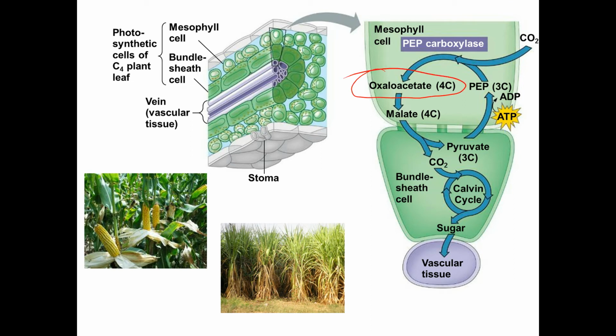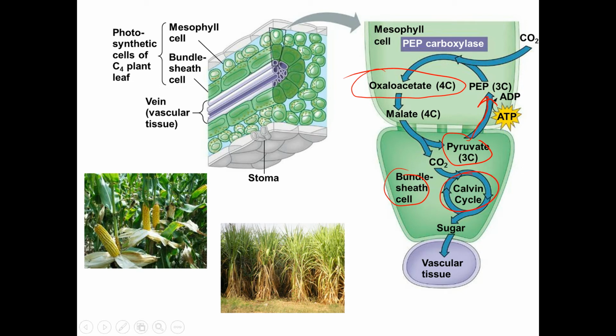That should look fairly familiar. Oxaloacetate is converted to malate, which is shunted into your bundle sheath cell. You release CO2, you're left with pyruvate, which re-enters the mesophyll cell and is phosphorylated into phosphoenolpyruvate. The CO2 in the bundle sheath cell enters the Calvin cycle.